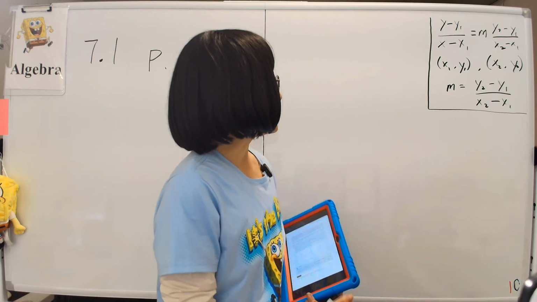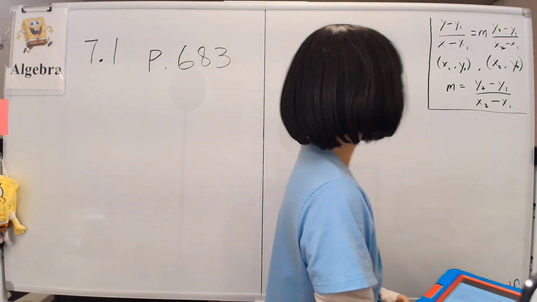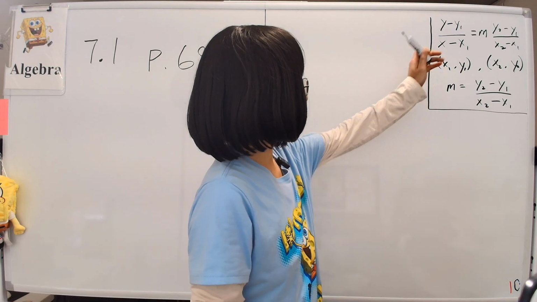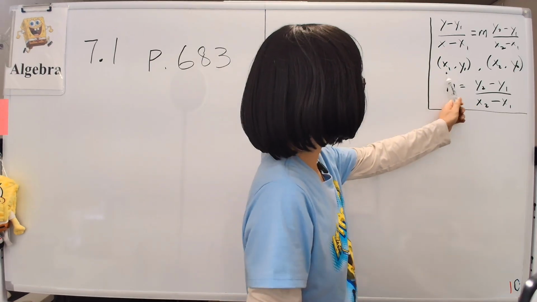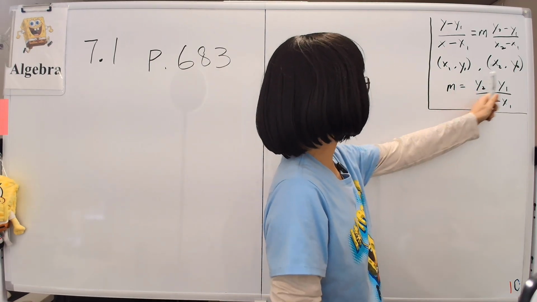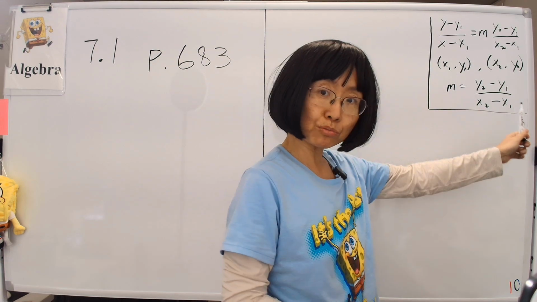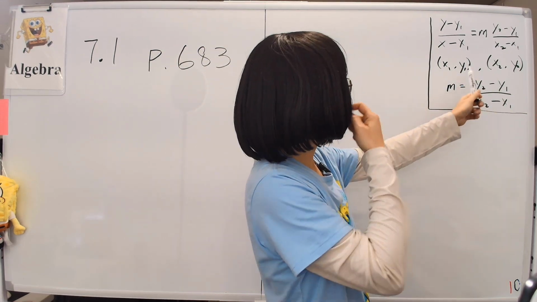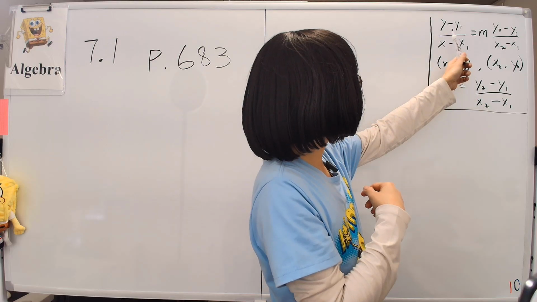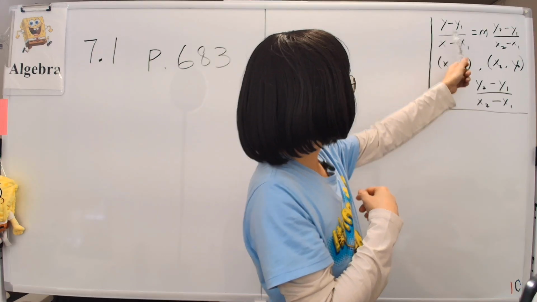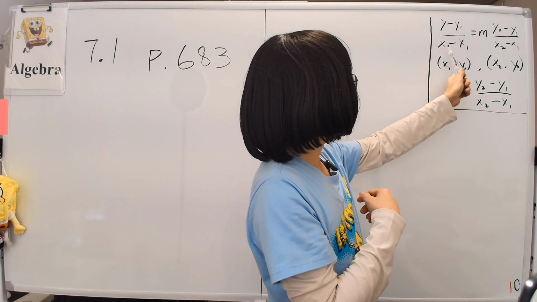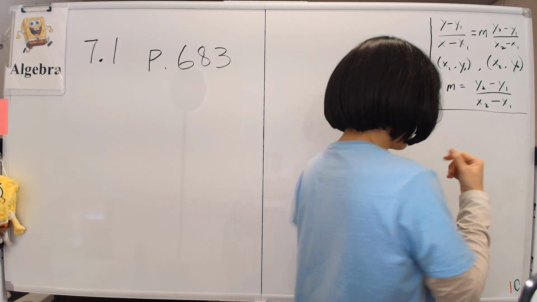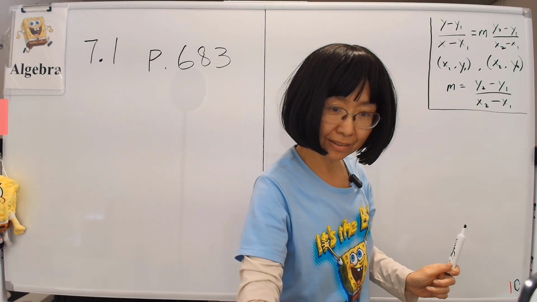Next, I want to remind you of a formula that we learned in chapter 2. I think chapter 2. That's the point slope formula. If you're given two points, that's the first point, that's the second point, then there is one straight line that goes right through the two points.